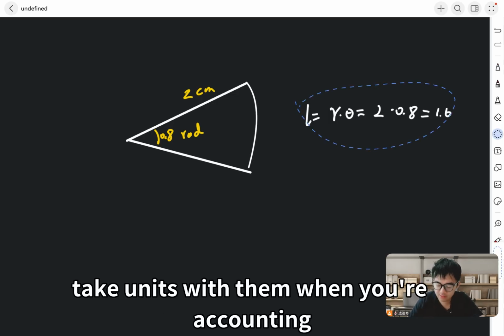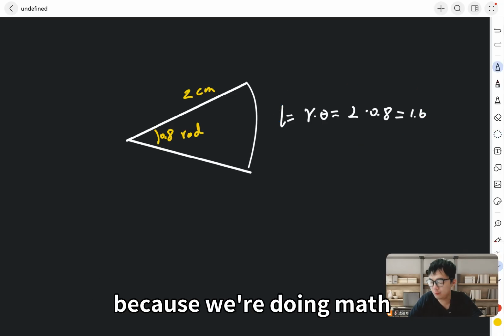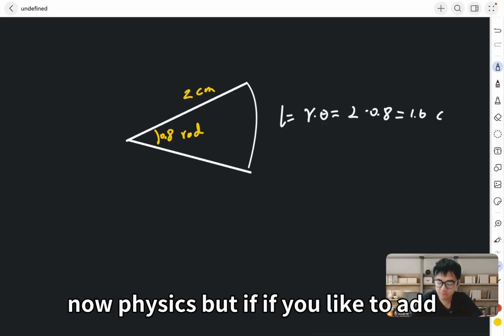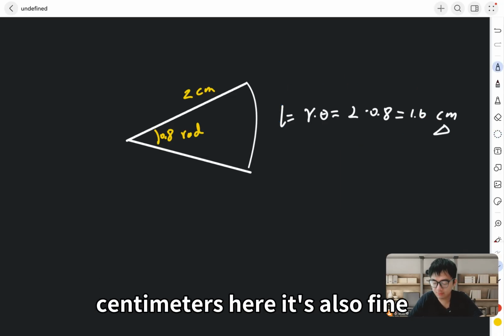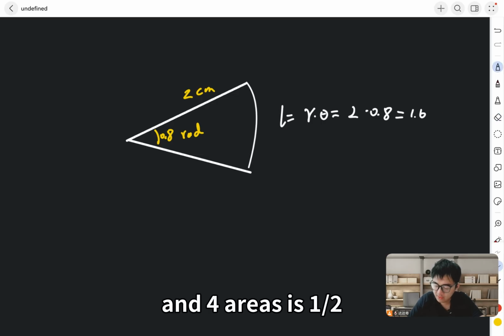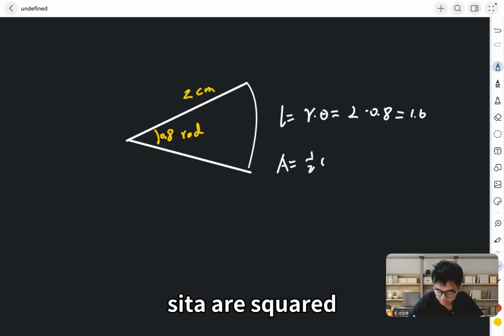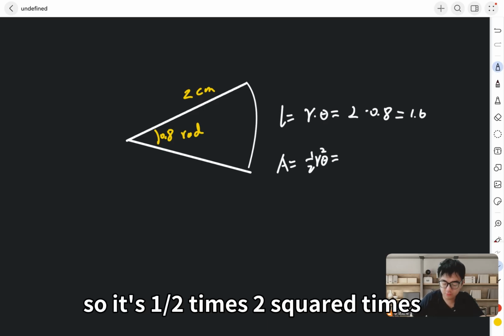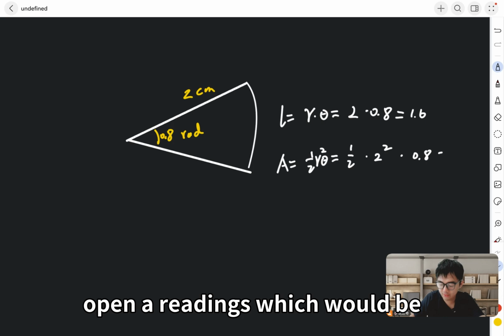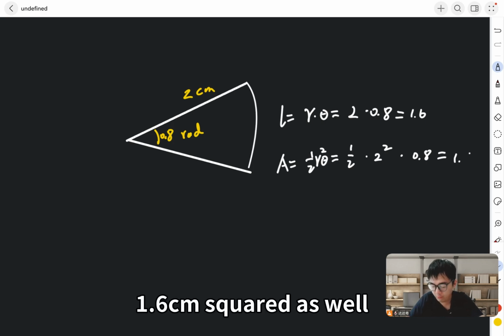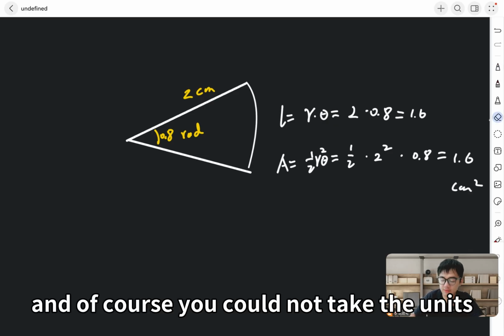You don't need to carry units when counting because we are doing math, not physics, but if you like to add centimeters, it's also fine. For the area, it's 1/2 theta r squared, so 1/2 times 2 squared times 0.8, which is 1.6 centimeters squared as well. And of course, you don't need the units.